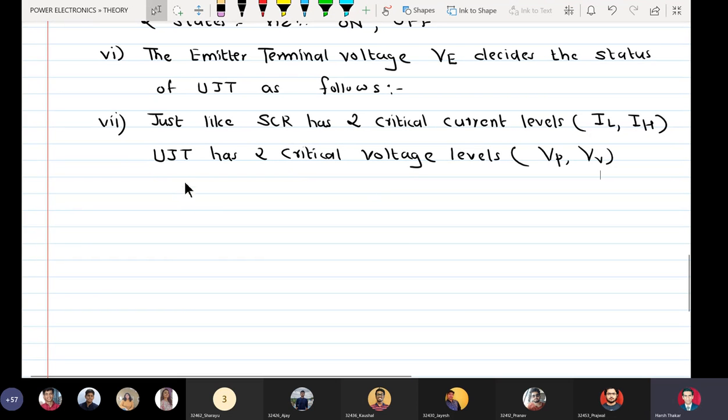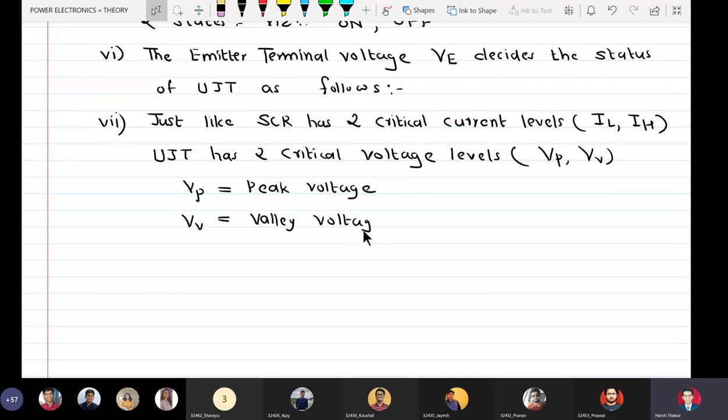Okay, so VP is called peak voltage and VV is called valley voltage. Okay, and associated with the peak voltage we have something called peak point current.